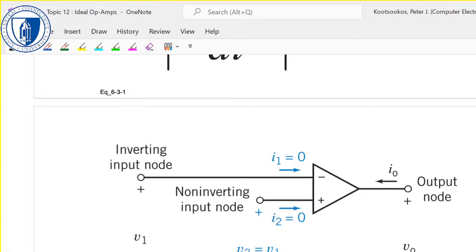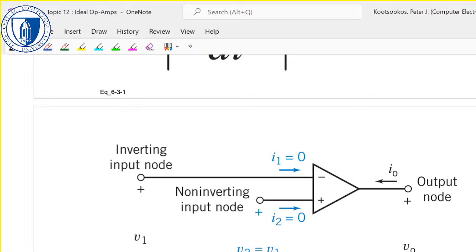So this is what happens when we go from having a real device to deciding that we're only going to do an ideal op-amp analysis.